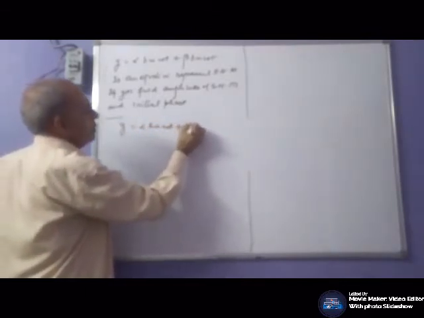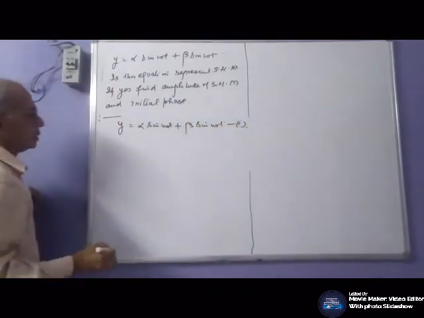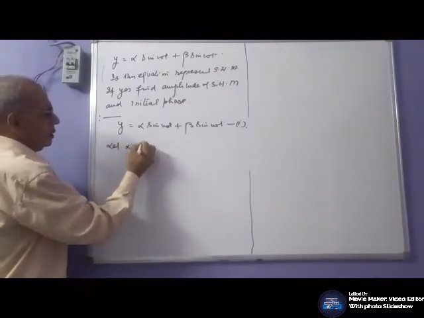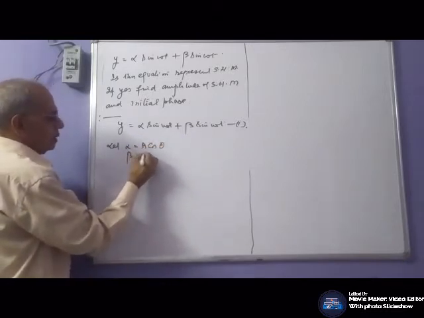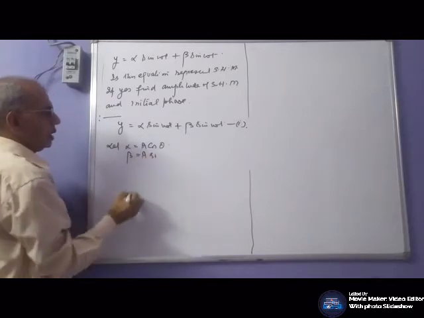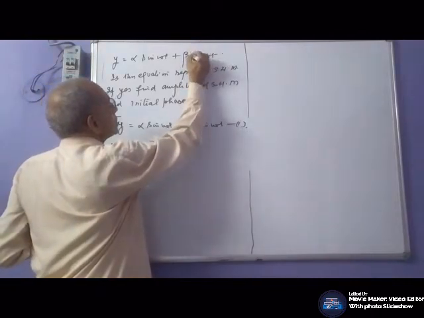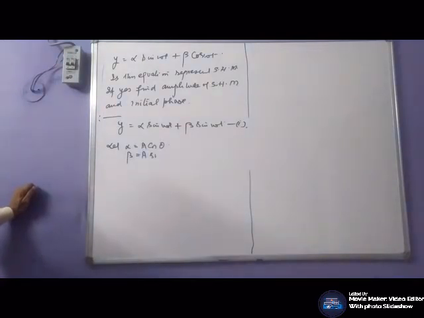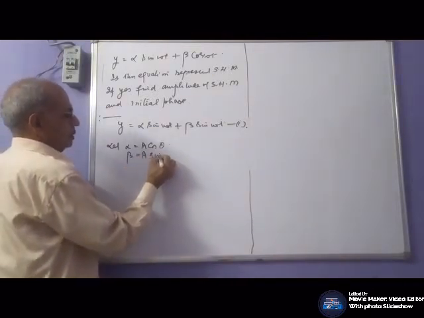y equals alpha sin omega t plus beta cos omega t. Let alpha equal A cos theta, beta equal A sin theta.